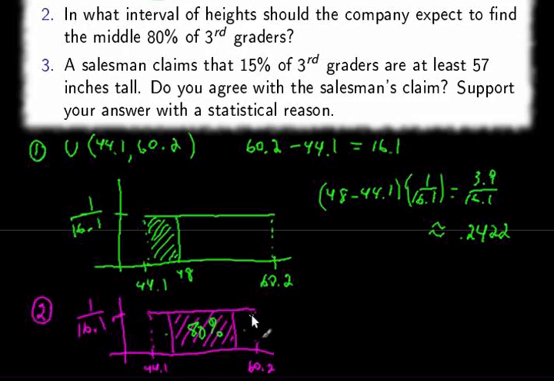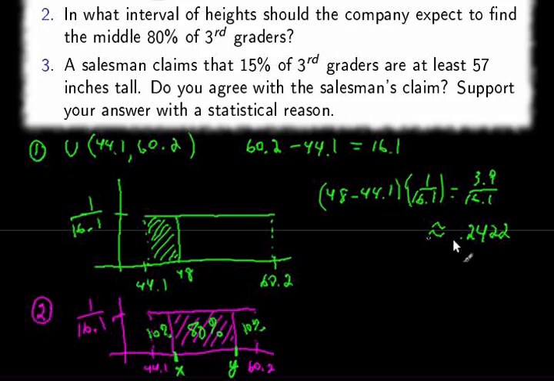And since the whole thing is 100%, of course, that means we have 10% here and 10% here. So the question is, what are these two numbers here? Let's call them x and y.